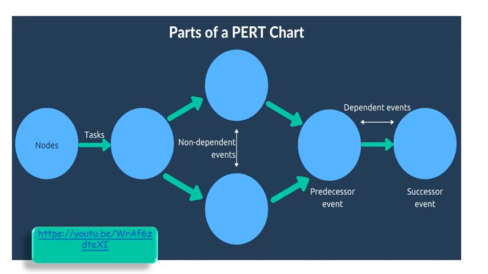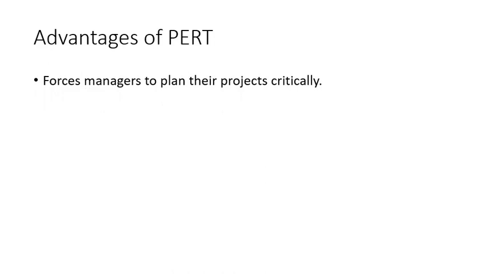Now let us just see what are the advantages and limitations of PERT. So the first advantage of PERT is that it forces the managers to plan their project critically and analyze all the factors affecting the development of the plan. So the process of network analysis demands that the project planning be performed in considerable detail from start to finish.